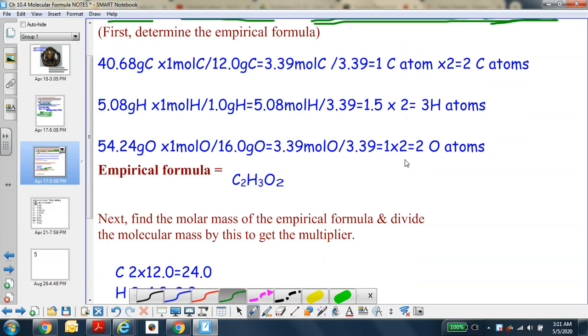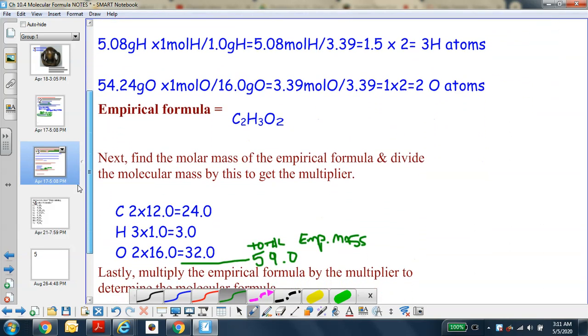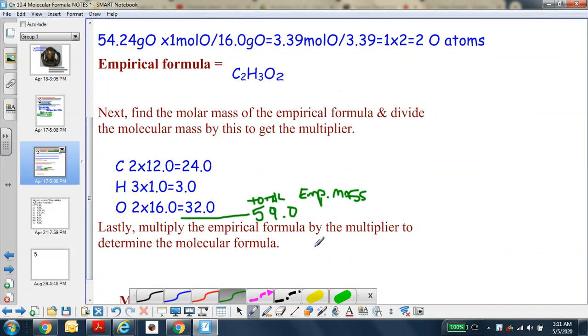If we come back up to our molar mass of our compound, it's 118.1. And so we are going to take the 118.1 divided by 59.0.